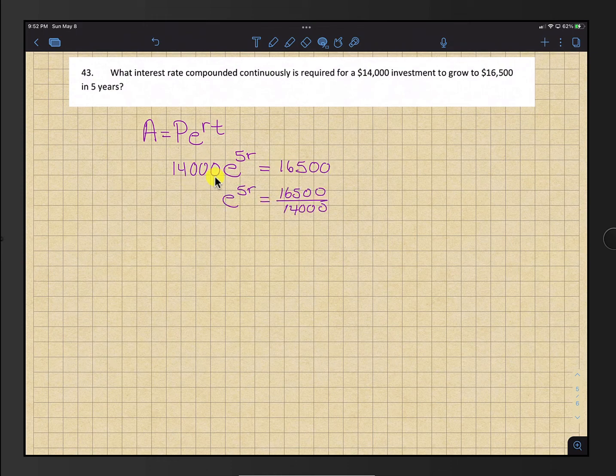We will divide by 14,000 on both sides, so e to the 5r is equal to this fraction. We'll then convert it to log form, and that would be the natural log of the fraction is equal to 5r. To get r by itself, we'll divide by 5 on both sides. So r is the natural log of this fraction, all divided by 5.